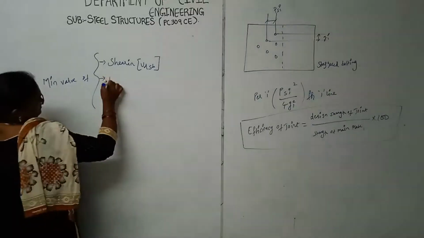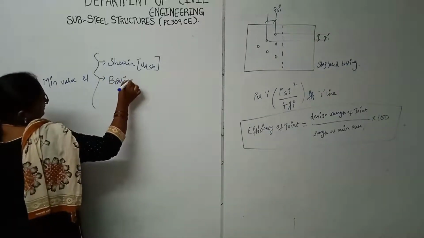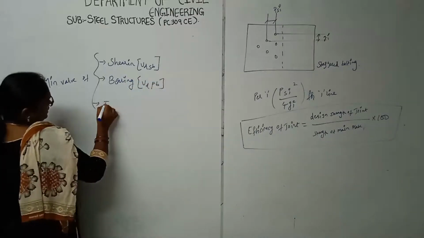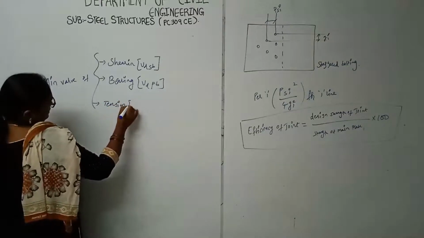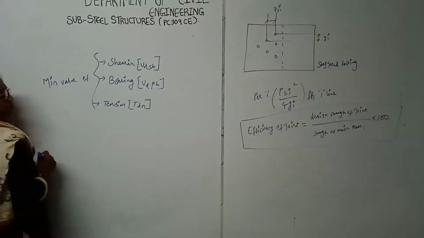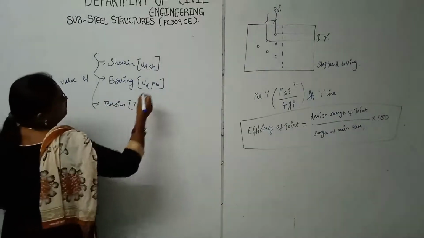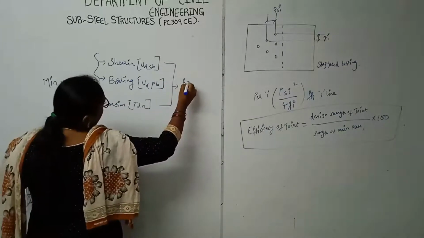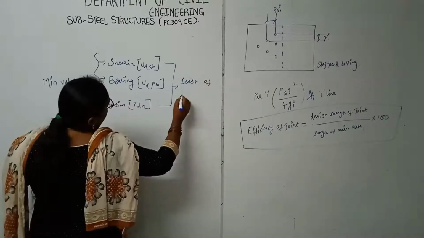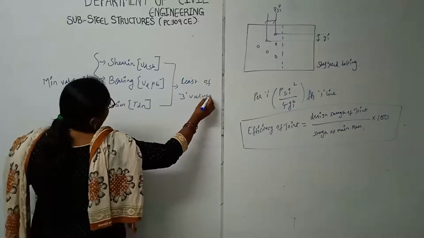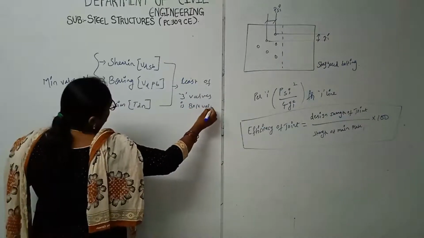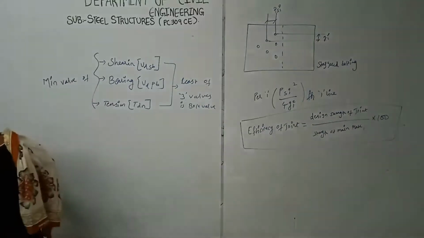Second one, bearing, that is VDPB. Next one, tension, that is TDN. For the bolt value, we will be taking the least value of these three values as the bolt value.